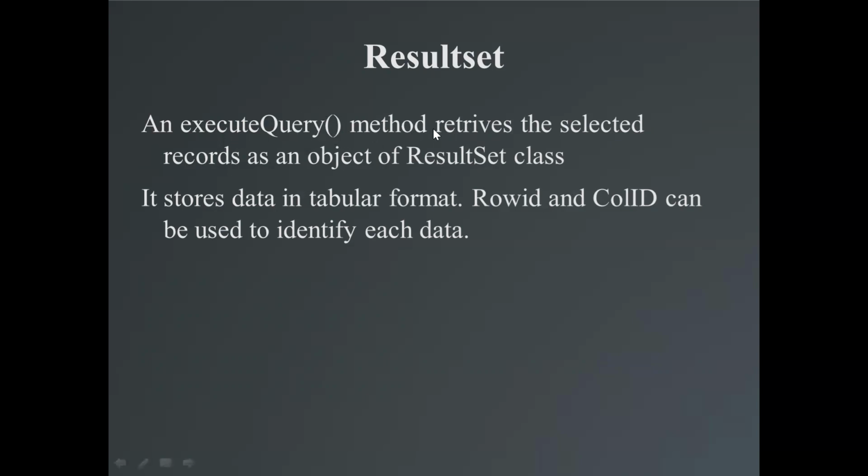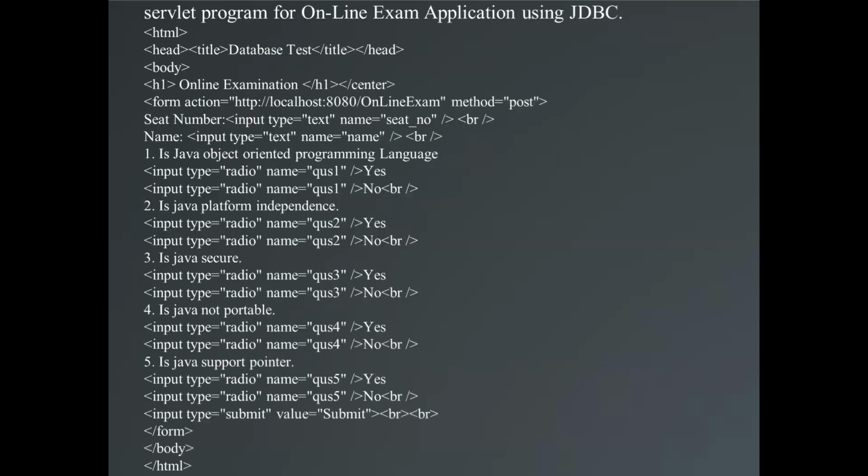So executeQuery helps you to retrieve the selected records and store them as a result set. This is one sample code, we have created an application. This page is the HTML form.